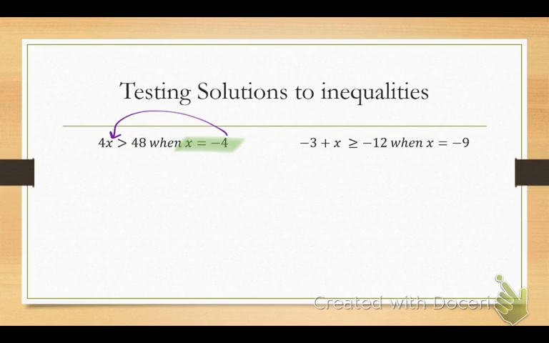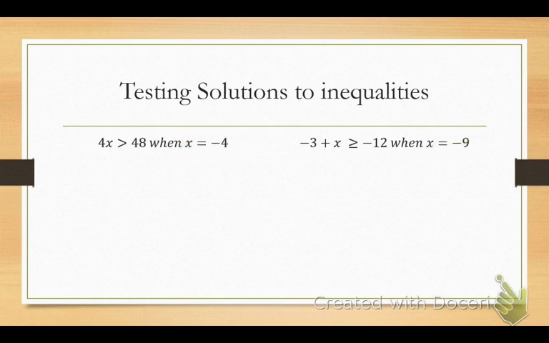So when I plug in -4, does that mean 4 minus 4? No. When I plug in -4, very good, it means multiplication because this is 4 times x. So go ahead and substitute these values on both of these problems. Let's test our solutions. Do these values make the inequality true? That's what I'm wondering. So your final answer is a yes or a no, but the substitution and simplifying both sides is the work I'm looking for.